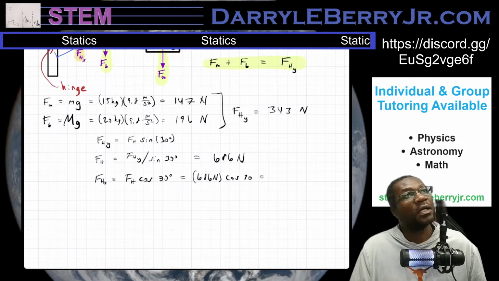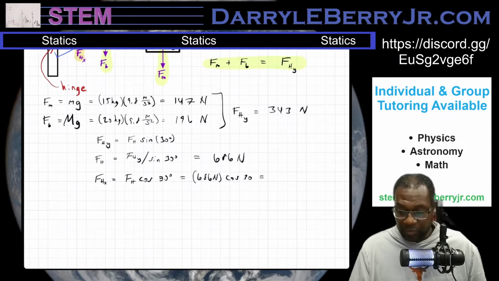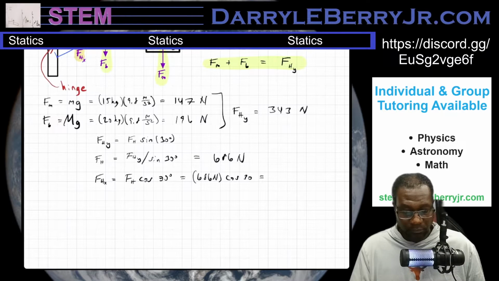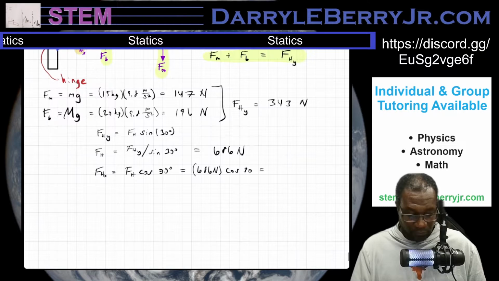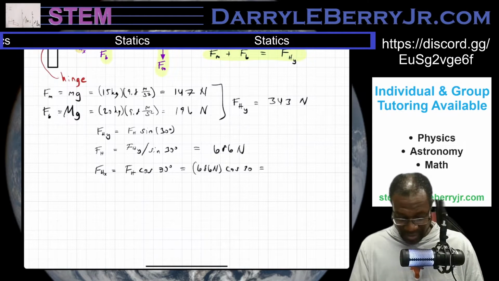thinking about the unit circle. That's right, square root of 3 over 2. So that times 686.